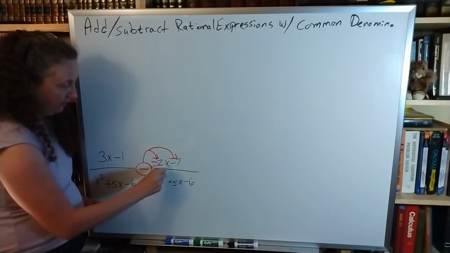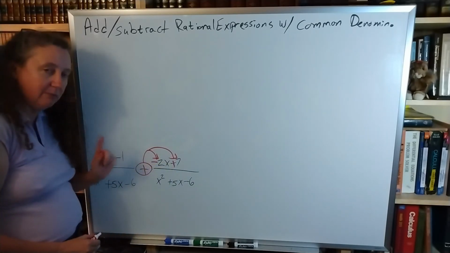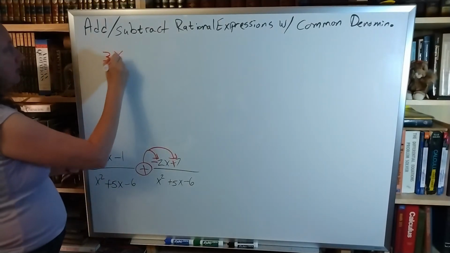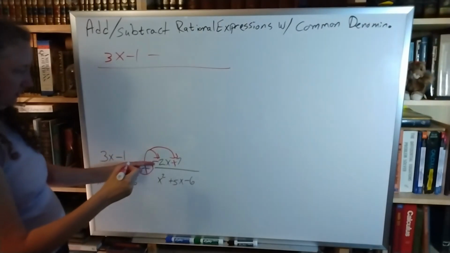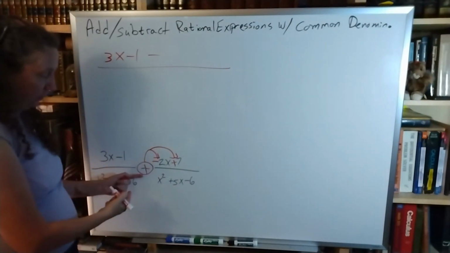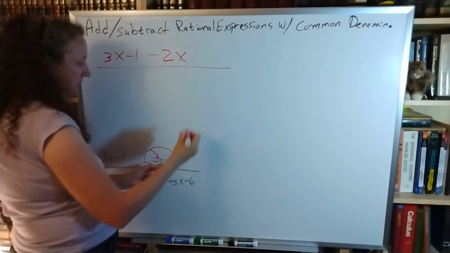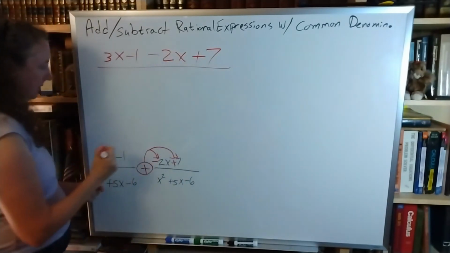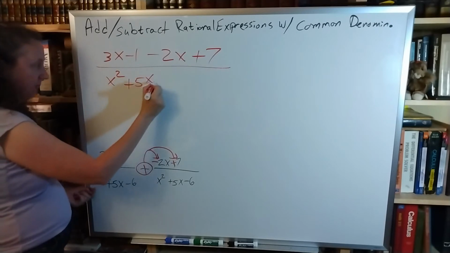So that's going to be a minus there and a plus there. Very important. So I have 3x minus 1 minus, because it's minus here, 2x plus 7 all over x squared plus 5x minus 6.